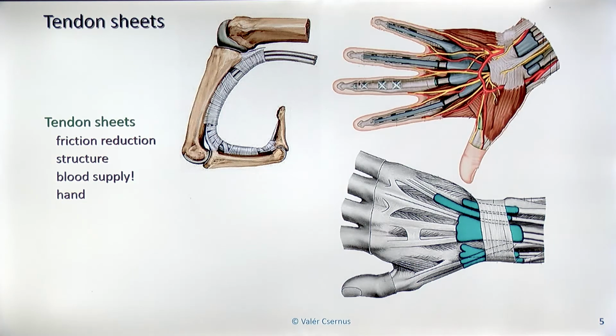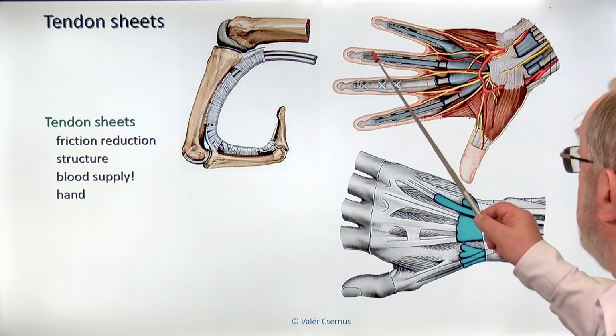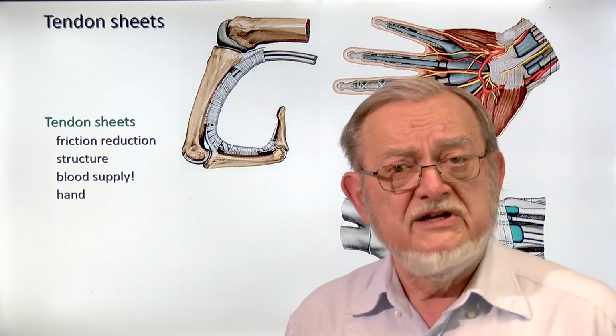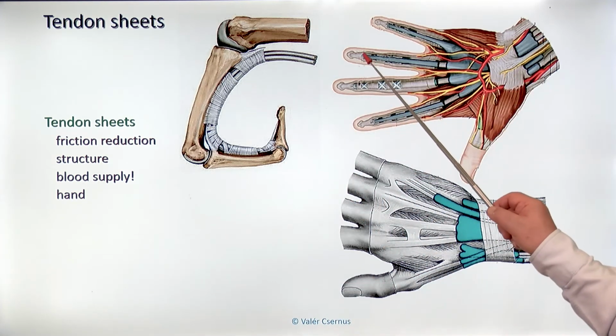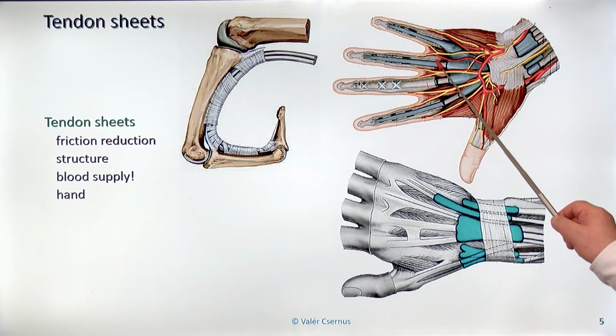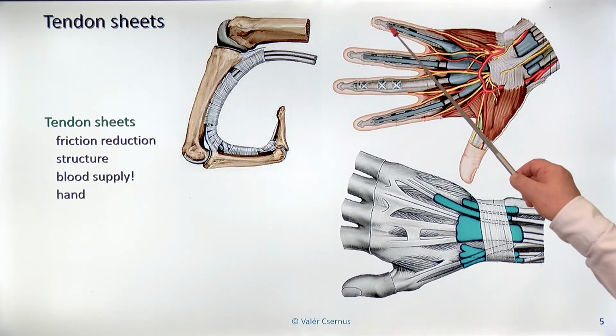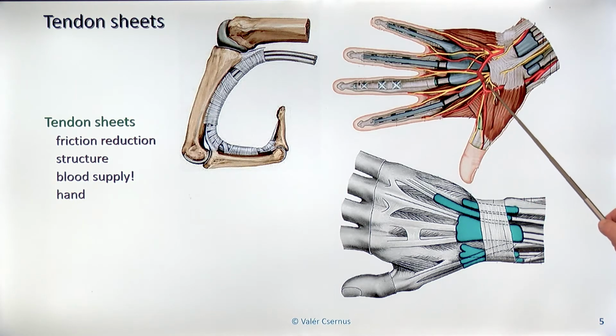The significance of this piece of knowledge is that along the tendon sheaths, because the fluid is very good food for bacteria, if you have a bacterial infection, it very quickly passes to the end of the tendon sheath. Then this segment is very difficult to pass, so it stops the infection for a while. If you get the infection on the little finger, it can easily pass to this area and have very bad consequences.